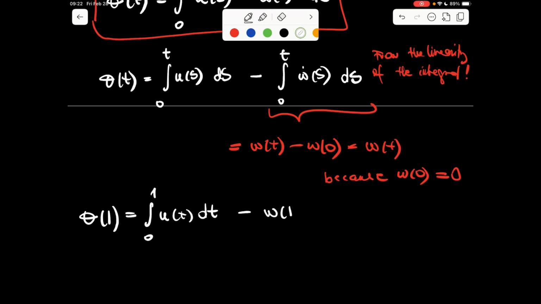minus omega 1. But omega 1 is equal to this integral at the end of the day.